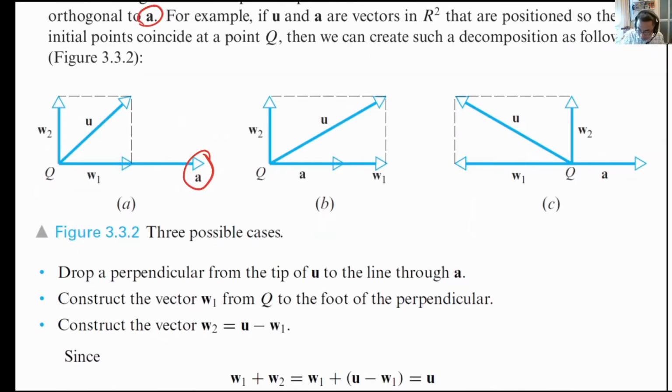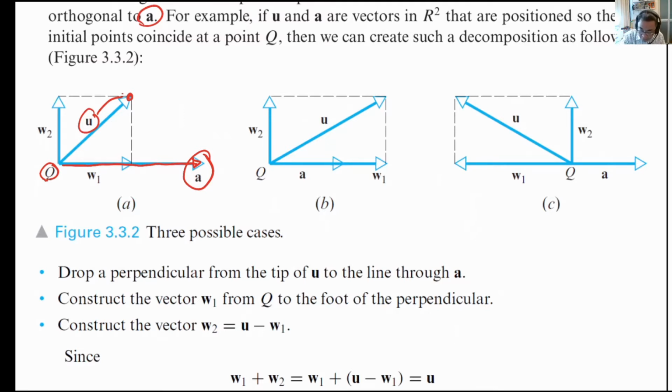To perform this process, we will find u in the R2 space, and we assume that we have q, the initial point, where we can have the vector A, and q shares the same initial point as u.